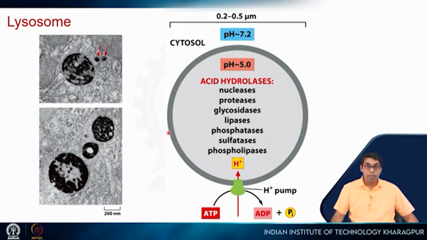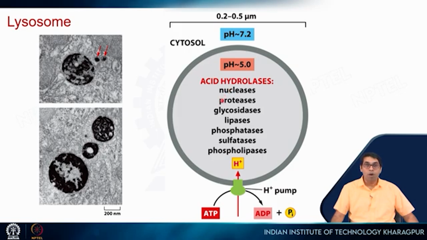Another type of organelle that is present is called lysosome. You can think of this as the garbage disposal of the cell, right. Lysosome has a more acidic pH. So, cytosol has a pH of 7.2, lysosome will have a pH of 5, right.